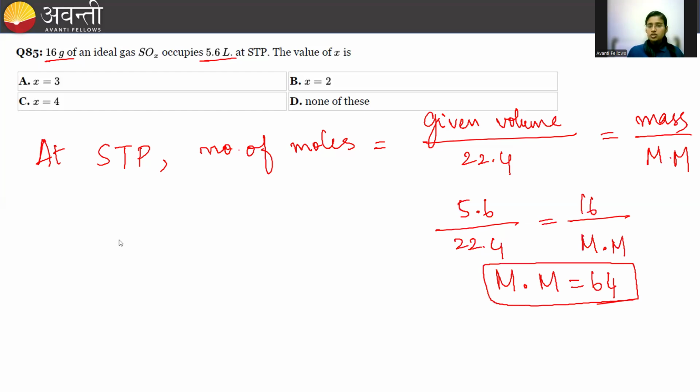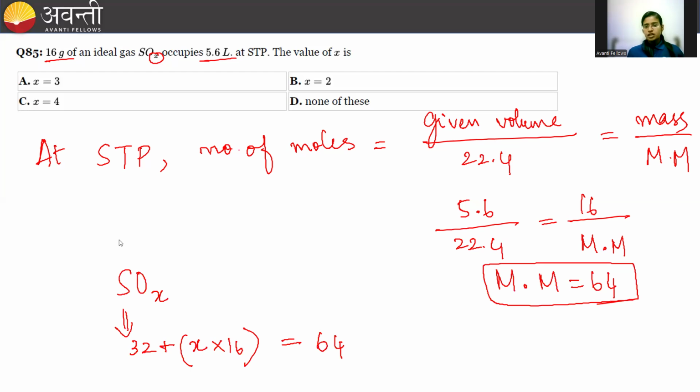Now, we are asked to find out the value of this x. Okay, in SOX, we have to find out x. We know the sulfur mass as 32, plus we need to find out x and the atomic mass of oxygen is 16. So x into 16. So if we add these two, we have to get 64 as the molar mass value.